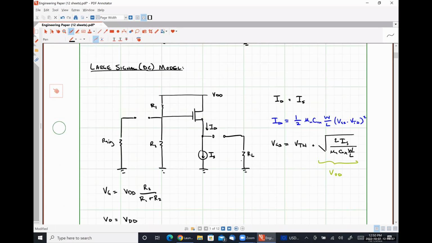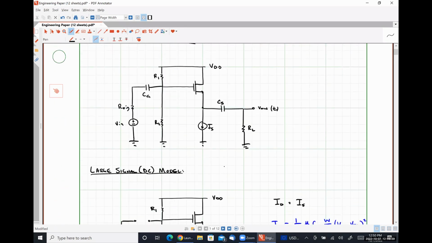So effectively, what if there is a resistor here in parallel with our ideal current source? What from our analysis is going to change?